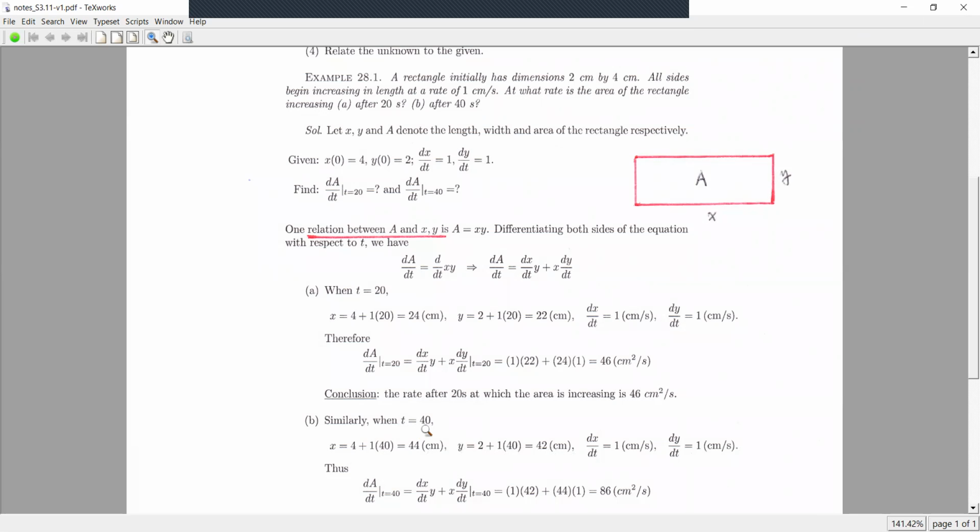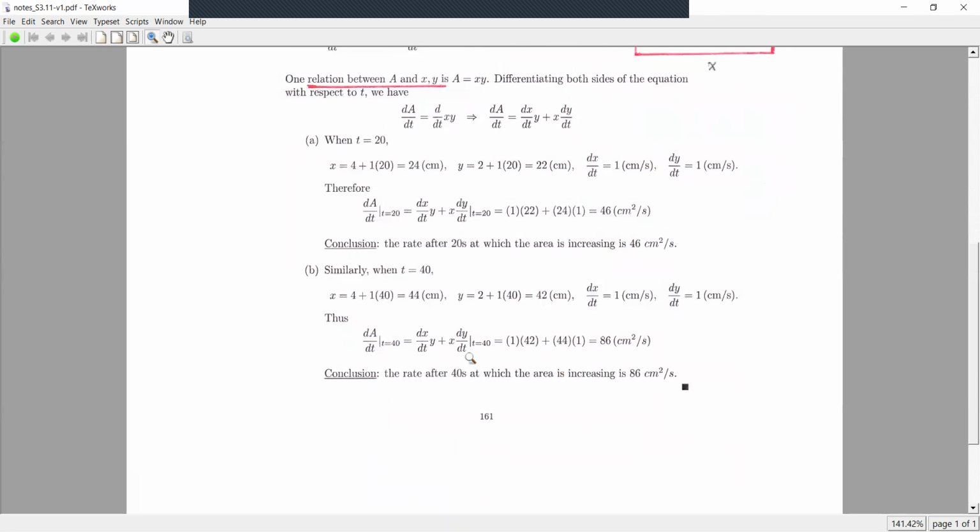When time is 40, the increasing rate of the length is 1, a constant. The increasing rate of the width is 1, constant. Plug all this information into this equation. Then the increasing rate of the area at time 40 is this.